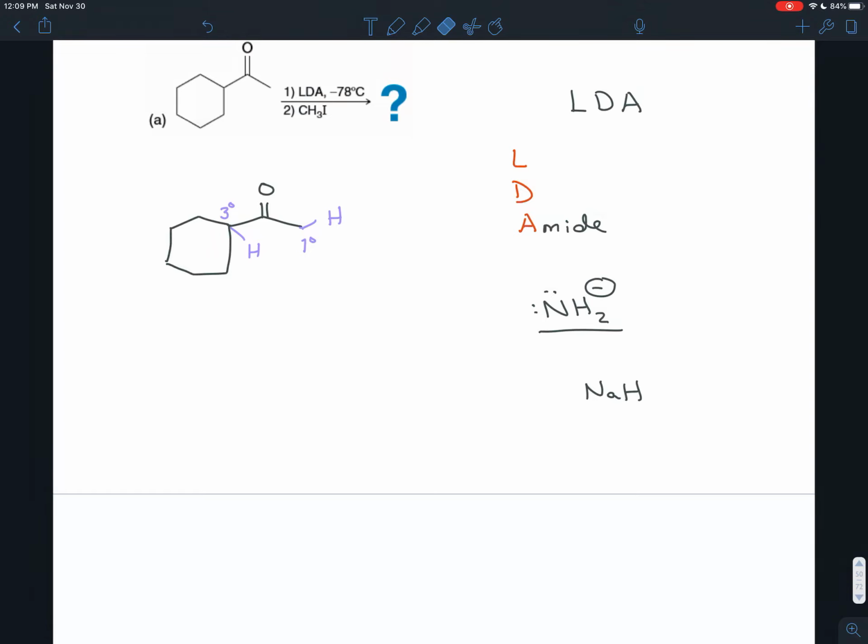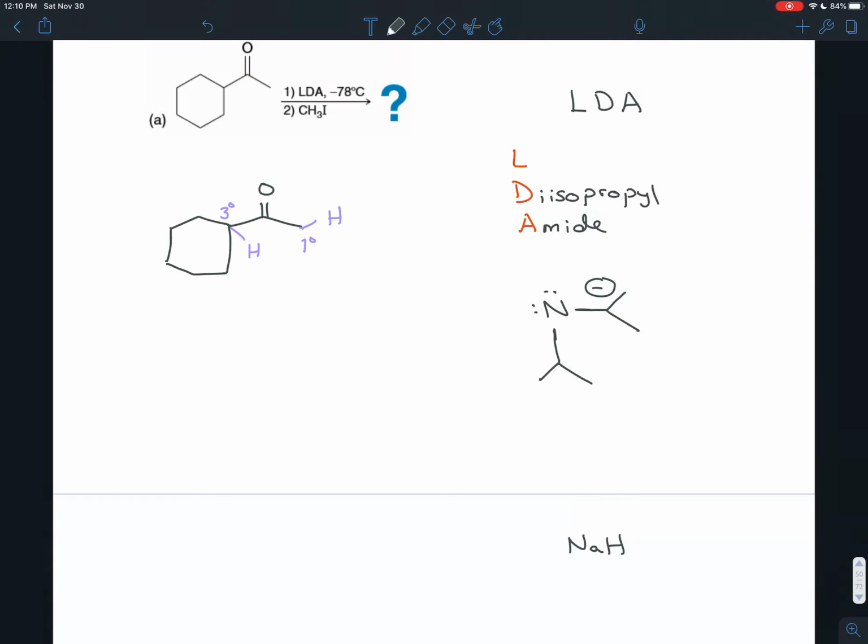Now, this is a very strong base, but it can also act as a nucleophile because it's relatively skinny, it can reach its way into things. And so we can turn it into just a base, and we can turn it into a bulky base. If we replace the two hydrogens, so those hydrogens were here, if we replace those hydrogens with bulky carbon chains, in this case two isopropyl groups, that's diisopropyl.